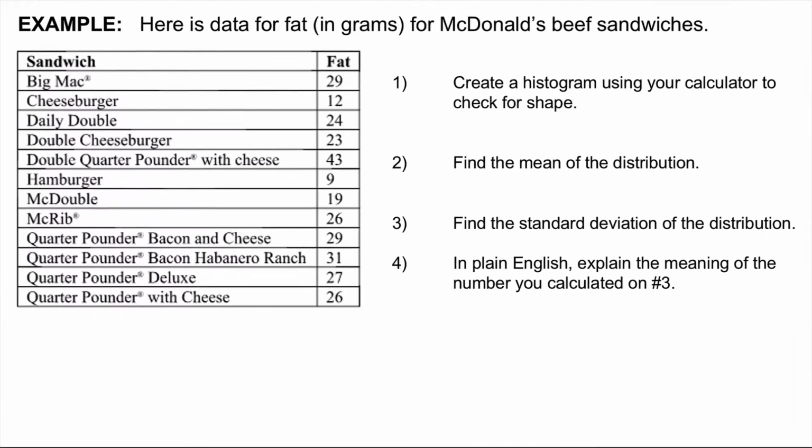Okay, so what we're going to do, we're not going to finish this example, but we're going to get it started at least. So go to your calculators, get your calculators out, put those numbers in L1. If you have lists in there, erase them. We'll put those numbers in there so when you come back, we can still have them.